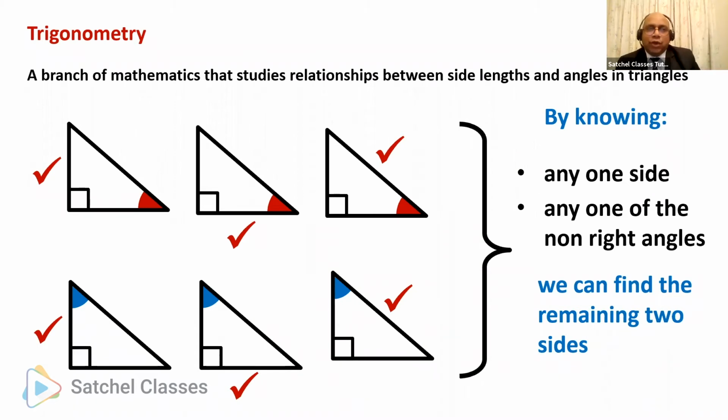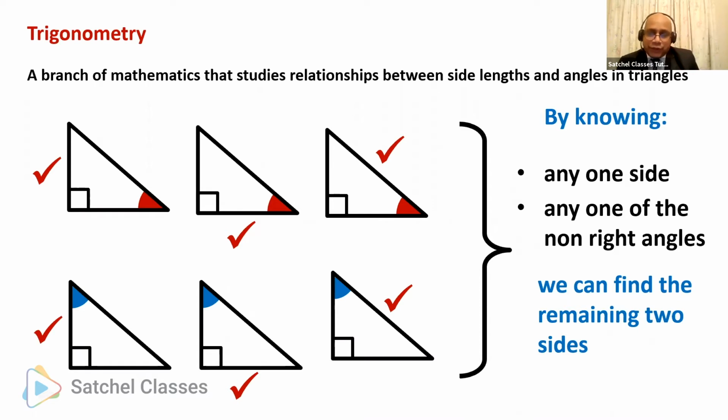So only by knowing one side of the triangle and one non-right angle, we can find the remaining two sides of the triangle. This is where trigonometry is useful, where only by knowing one side of the triangle, we can still find the other two sides, provided we know one of the other two angles, which is not 90.